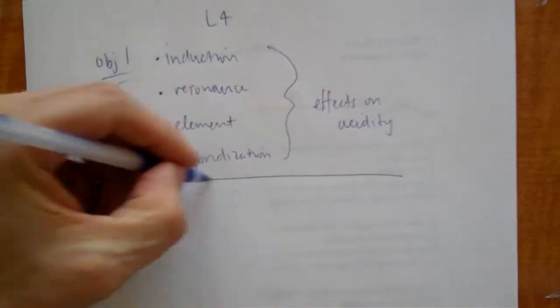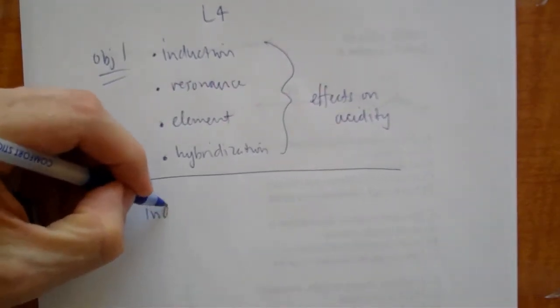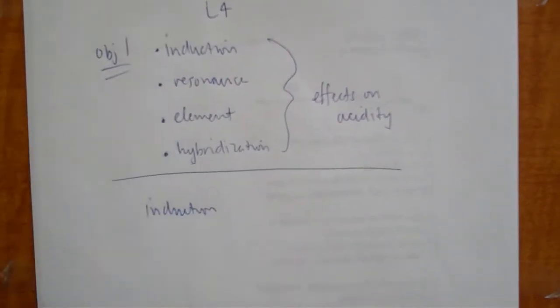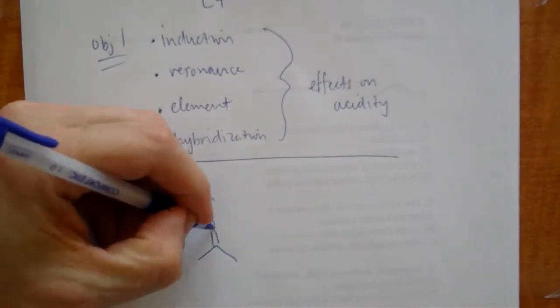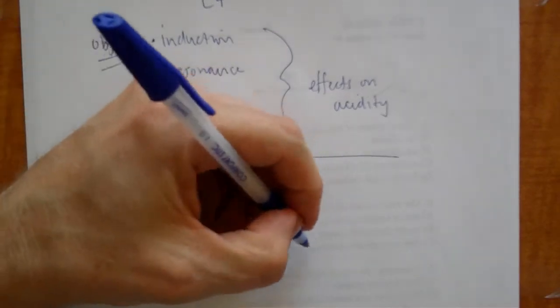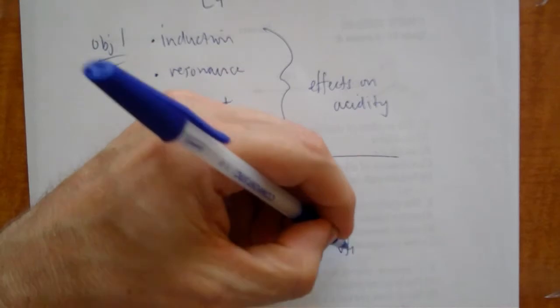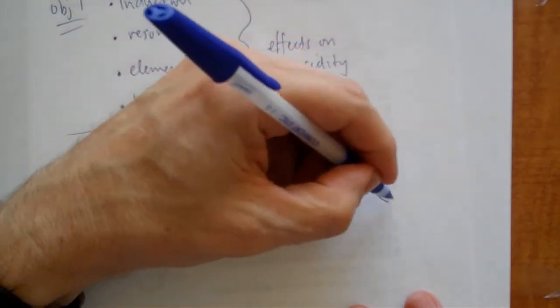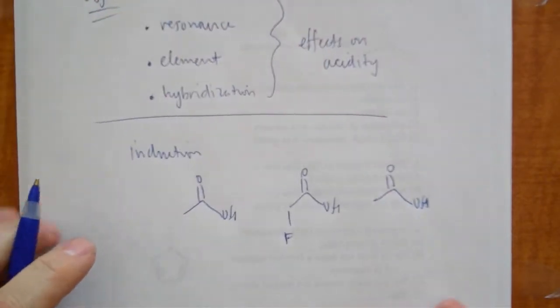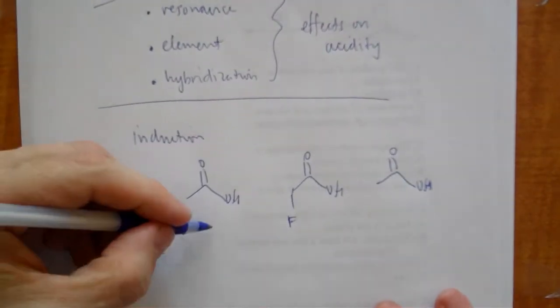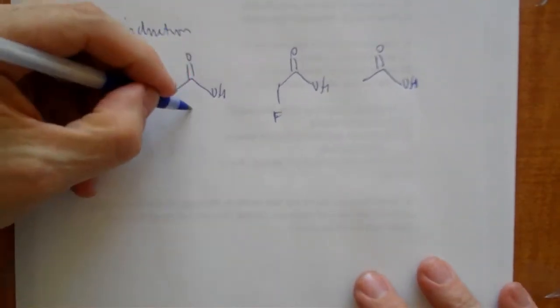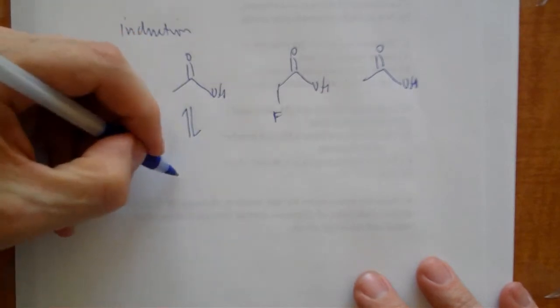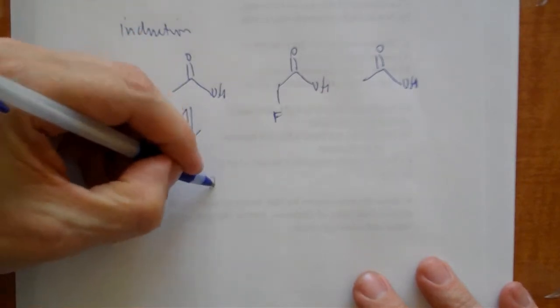So the first one is induction, and the classic example that I want to use is acetic acid, fluoroacetic acid, and chloroacetic acid. We're always going to map the strength of an acid over to the stability of its conjugate base.